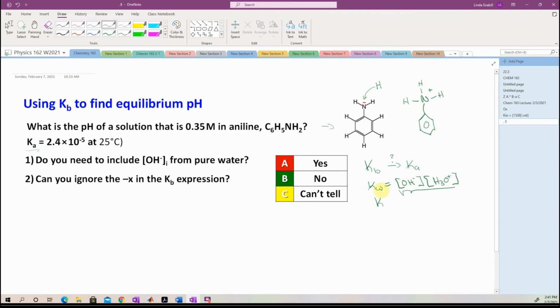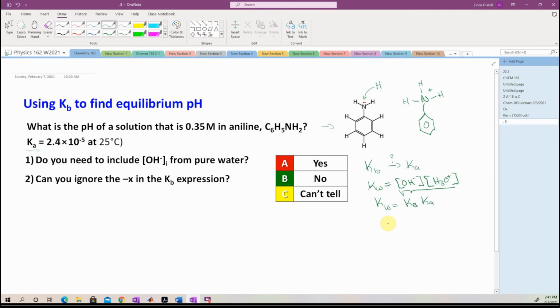Remember, that's how we came up with a whole new K. So I can go Kw is then my Kb times my Ka. Because remember, if I wrote this out, I could do a net water reaction for both my hydroxide and my hydronium. And the thing that they have in common, the H2O, well, that's liquid phase. That's going to go away.